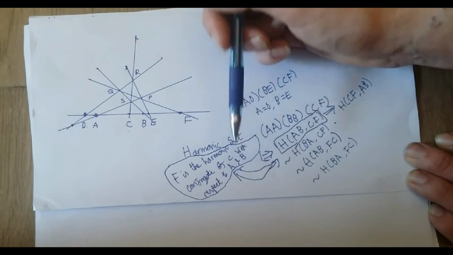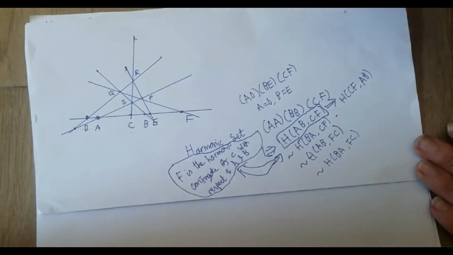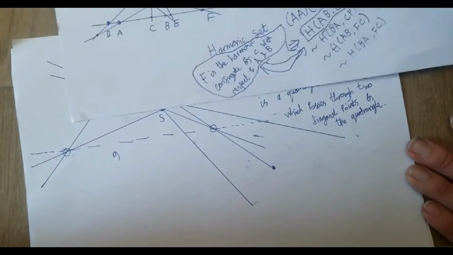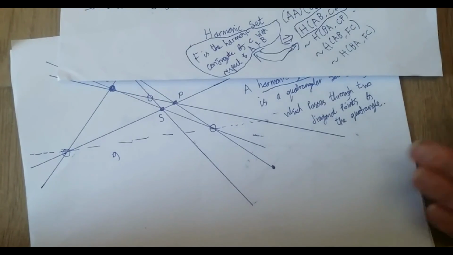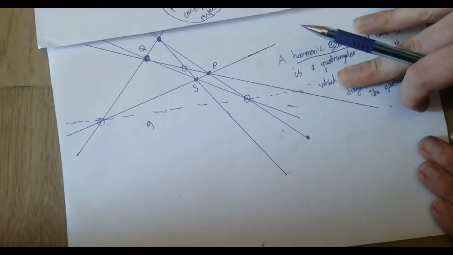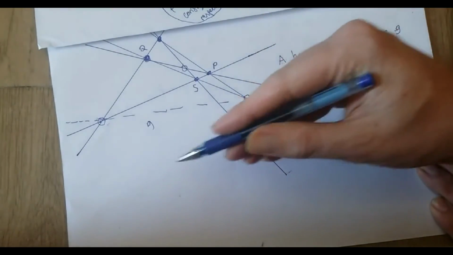Now, there's a couple of other things, sort of corollaries of the things that we proved for the more general quadrangular sets. Anyway, just to hammer it home, let me label this.